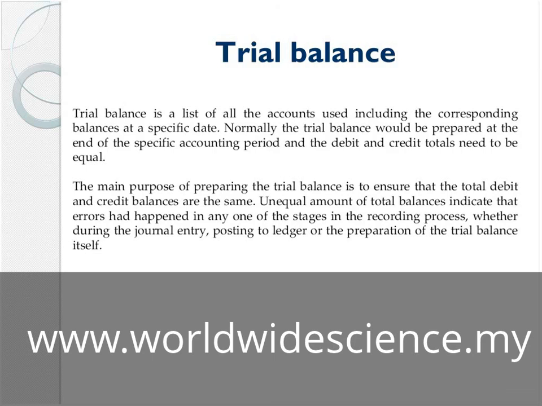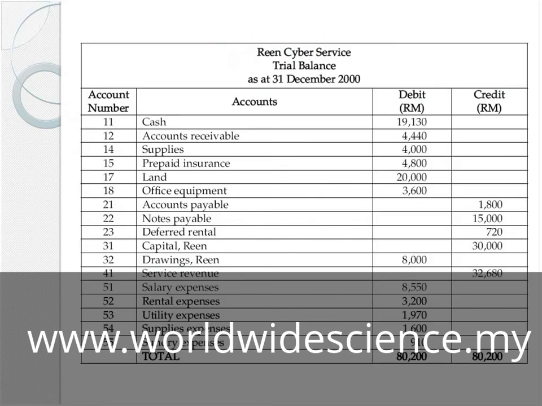That may have happened during the journal entry, the posting, the ledger, and so on. So let's see why those errors could happen. Here you can see given examples of the trial balance. You see, these are just examples of the trial balance accounts.